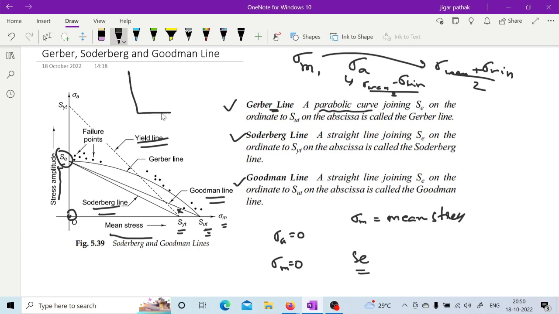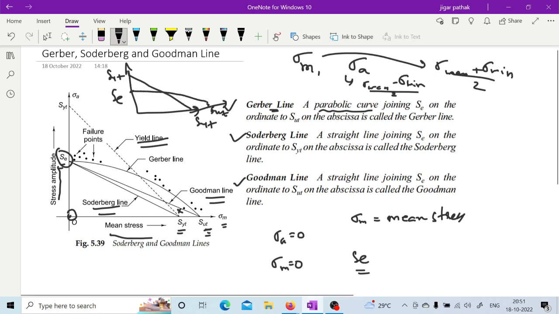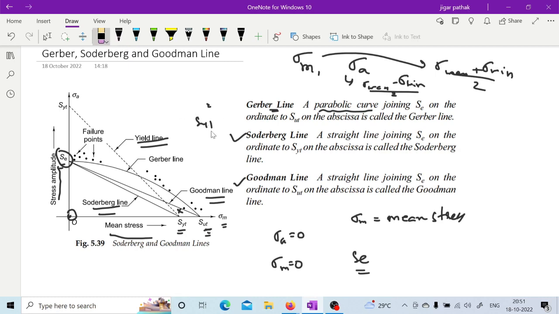So if you see more clearly, if I expand, here this SYT, this yield line is there, right? And if you draw the Goodman line, it goes from this SE to here. It is not clear, let me draw it more clearly, 1 second.